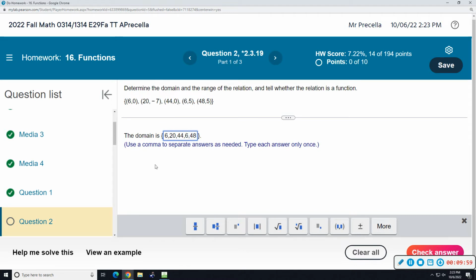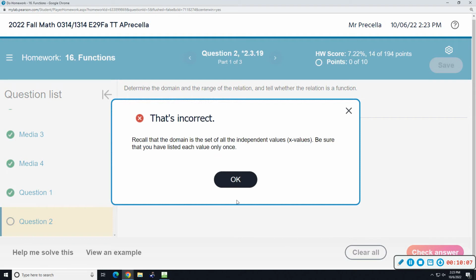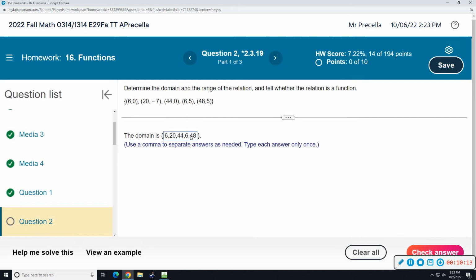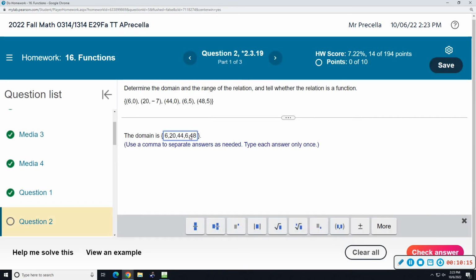It says use a comma to separate your answers. Type each answer only once. It's going to count it wrong because I listed the 6 twice. Be sure that you've listed each value only once. It's just good to check just in case. Now let me check it.